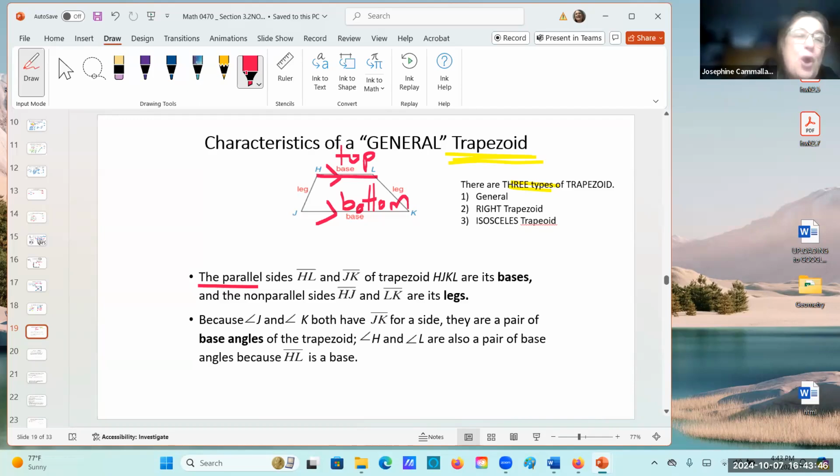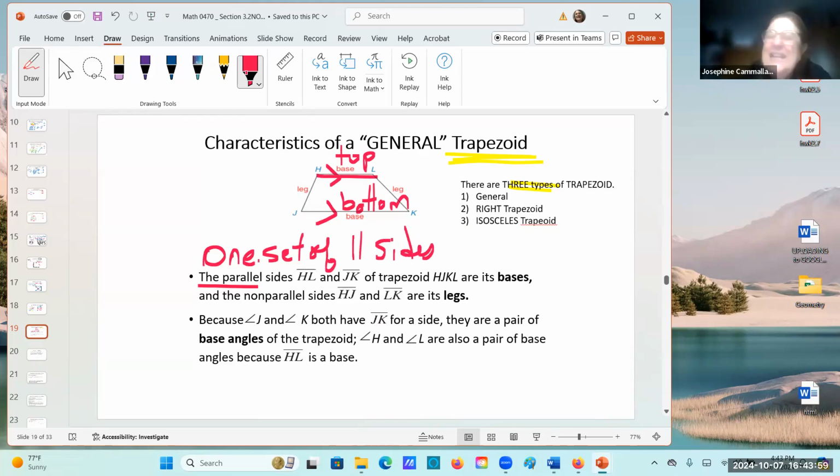So you have only one set of parallel sides. Unlike all of the other quadrilaterals in this chapter, two sides are parallel. This makes a trapezoid unique. One set of parallel lines.